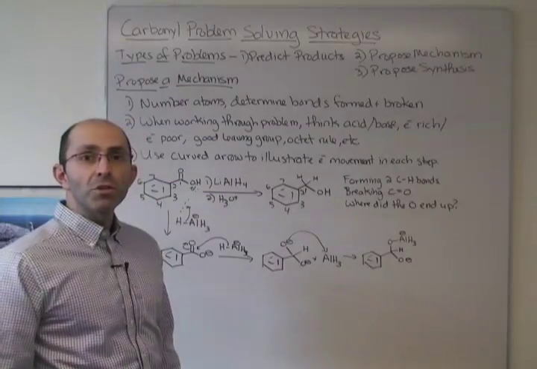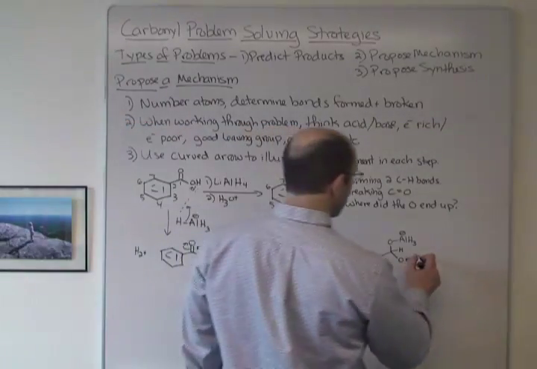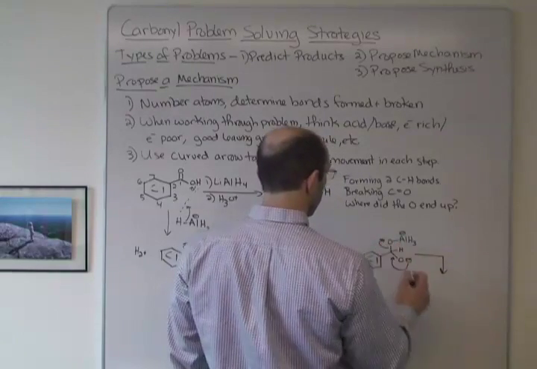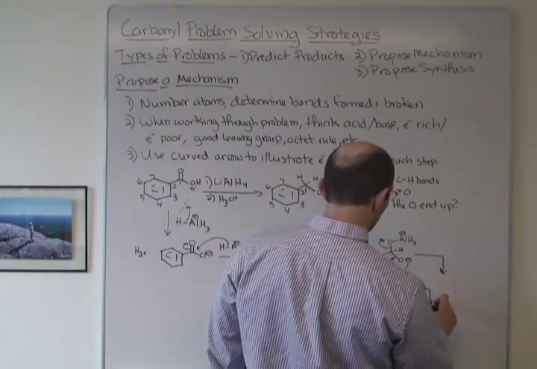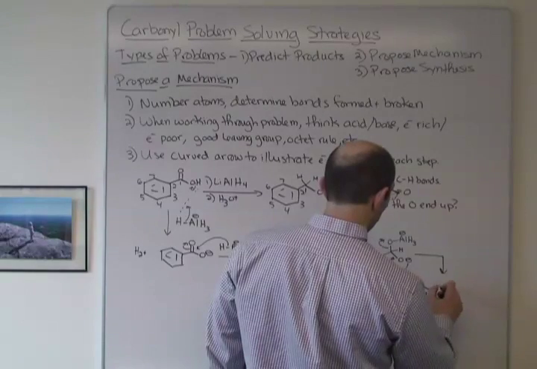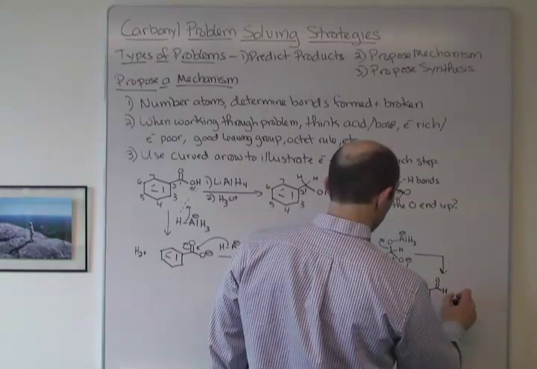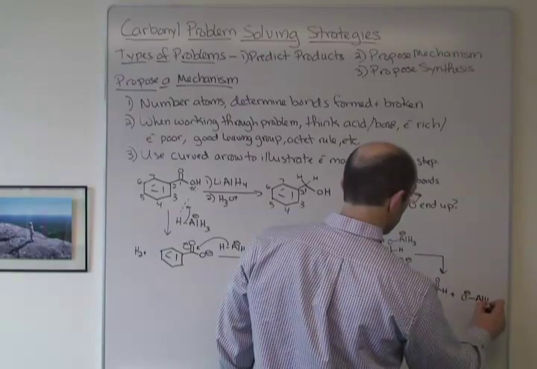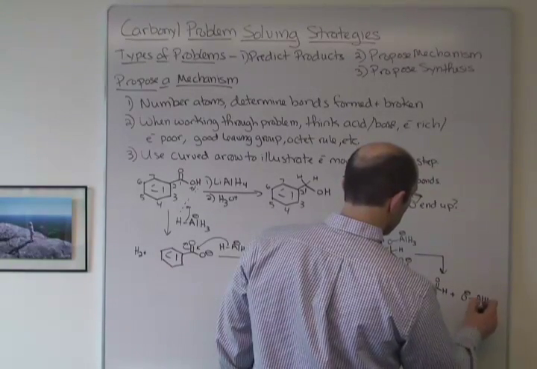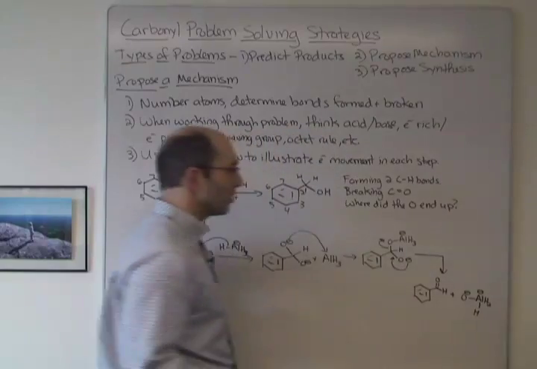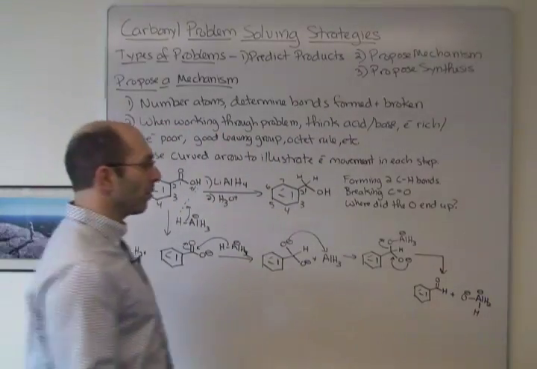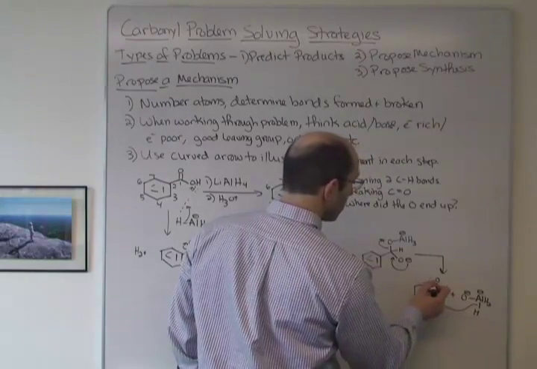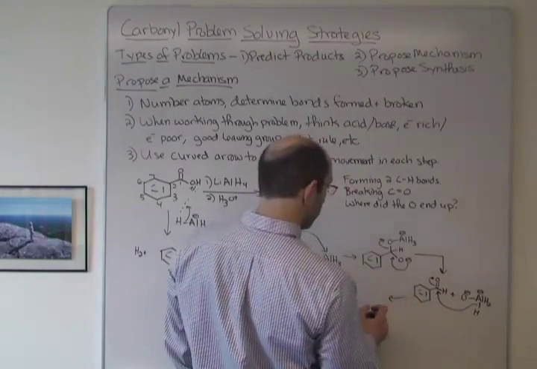Now we have an oxygen that can leave as O-, so we can reform the carbonyl. We generate an aldehyde, another reactive hydride species, which can donate H- to the carbonyl.